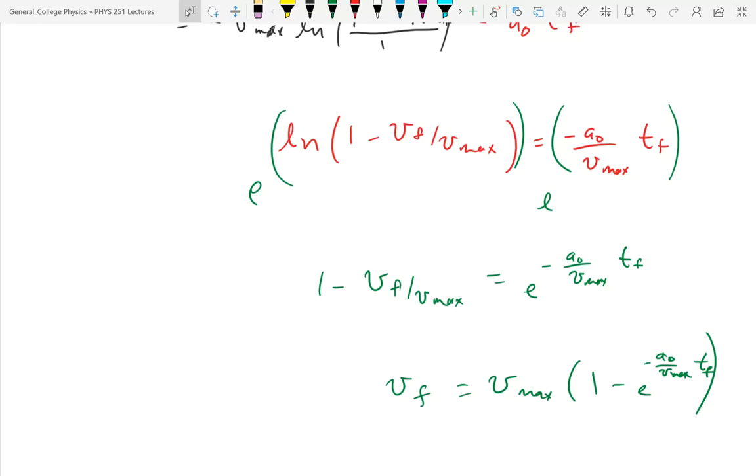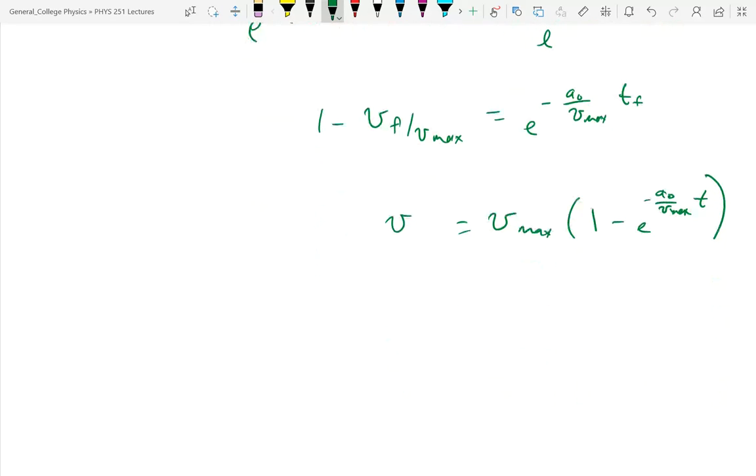Now we have speed as a function of time. We take the derivative, and notice time final and v final were just at the same time. So now at this point I erase the final, and it's obvious why we had the final there to begin with: when you do the integral you cannot have the limit the same as the variable of integration. So there's my speed at any time.